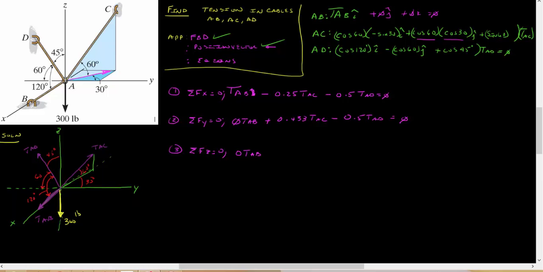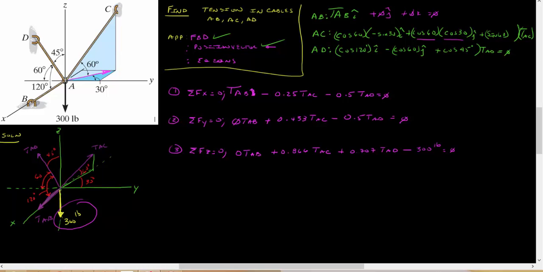Now I'm looking for sine of 60, which would be plus 0.866 TAC, and then plus, I'm looking at cosine 45 times TAD, which would be 0.707 TAD, minus, now let's not forget the 300 pounds, so minus 300 in my z-axis is equal to 0.